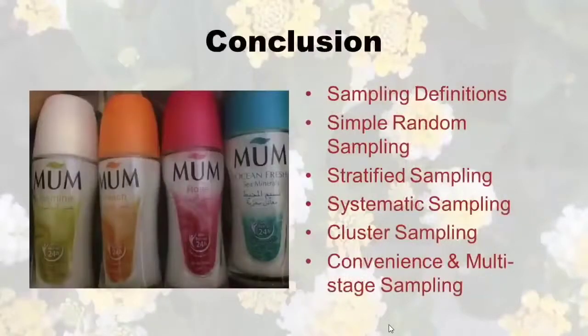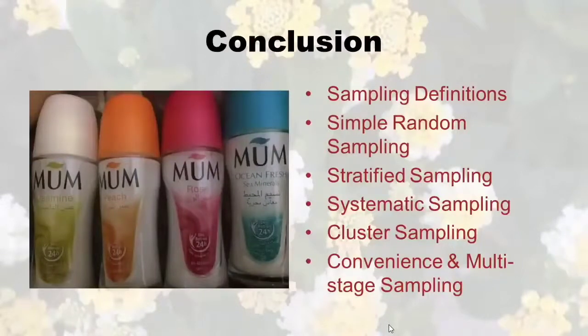So in conclusion, we made it through the sampling lecture, didn't we? I first started by describing some definitions you needed to be able to understand all these different types of sampling. Then I went into simple random sampling and showed you how to do it two different ways and what it achieves and also its limitations.